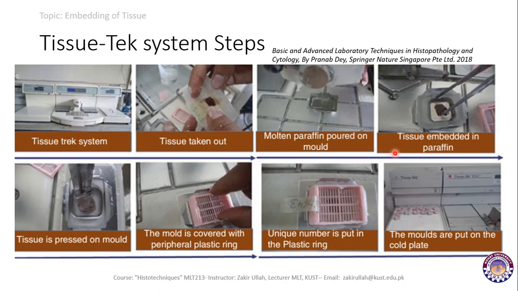Then the tissue is embedded in paraffin and the tissue is set with the help of a warm scalpel or forceps. We can see here that the tissue is forced downward and the cutting surface is on the lower side of the mold.